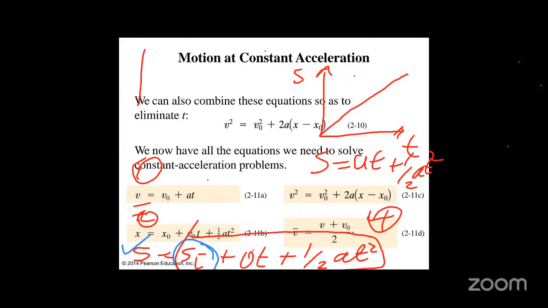However, if the graph is not starting from the origin, that is, there is an initial position, then you have to include the initial position xi plus ut plus half at squared. So the equation will take this form.